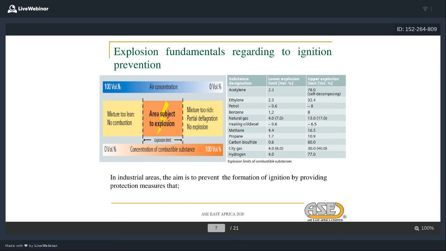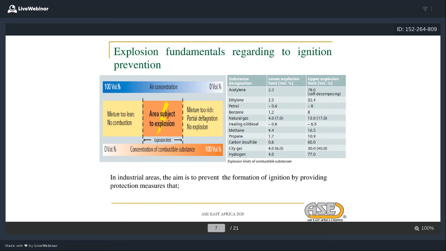So, for example, if the concentration of the mixture is, let's say, 2, then explosion cannot occur. If it's between 2.3 and 78, this area is subject to explosion. And above the upper explosion limit, we don't have explosion.